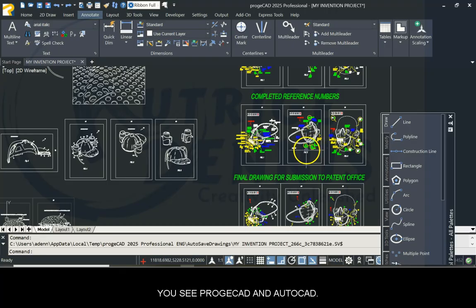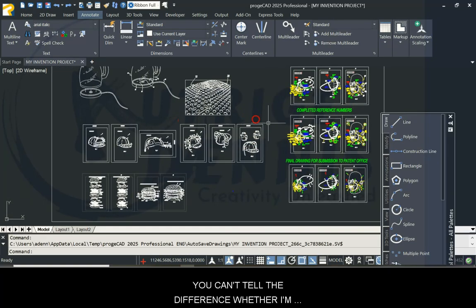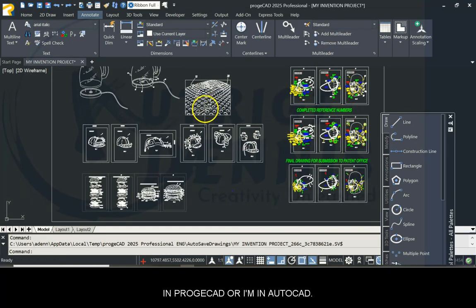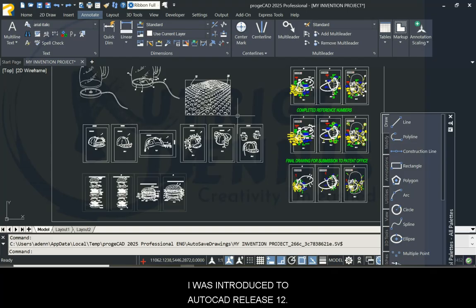I will first talk about AutoCAD. You can't easily tell whether I'm in ProgeCAD or in AutoCAD. They look very similar. AutoCAD, as you know, since 2000, I was introduced to AutoCAD Release 12.